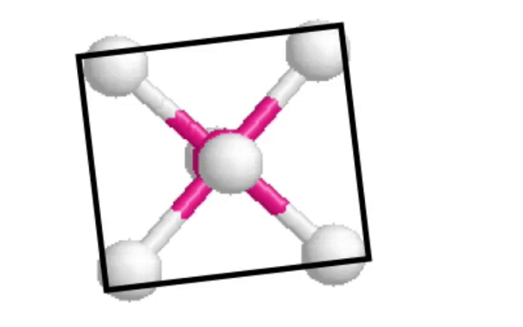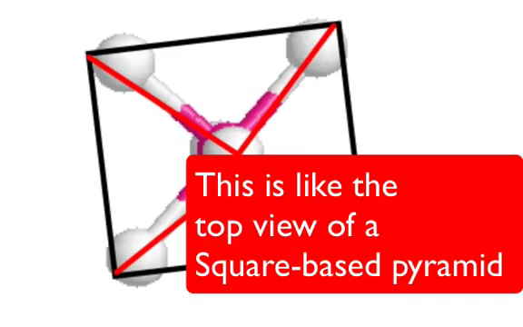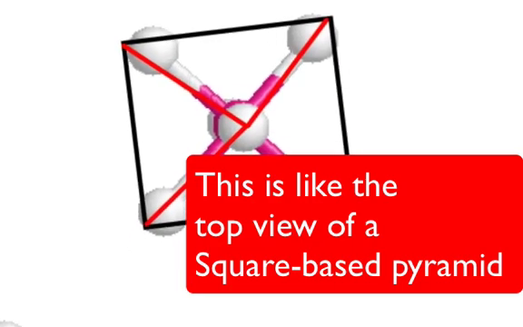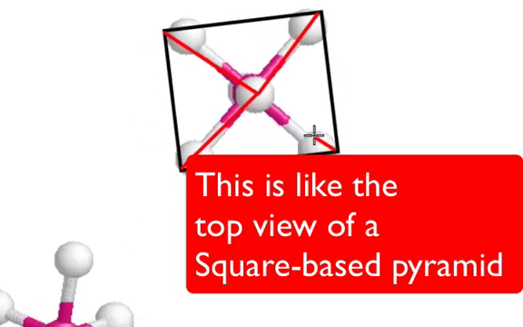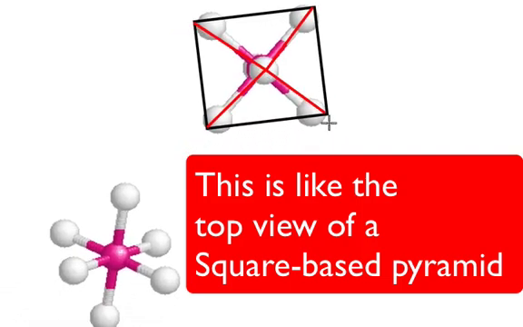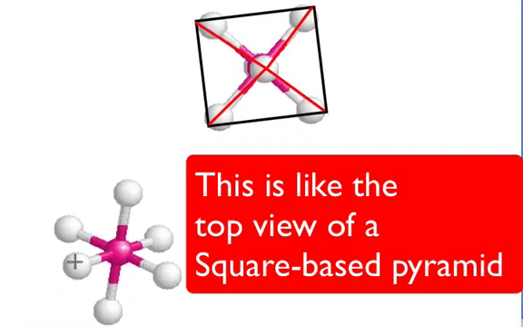And so what we're going to do is draw a couple of lines here to help us visualize this better. Picture these red lines coming out towards you. This is like looking at a pyramid from the top. I'll draw it over here as well.